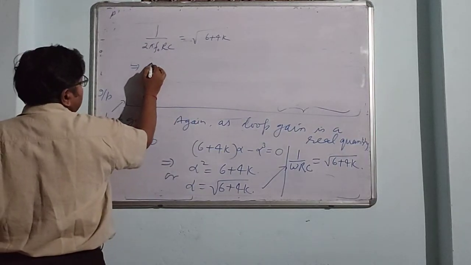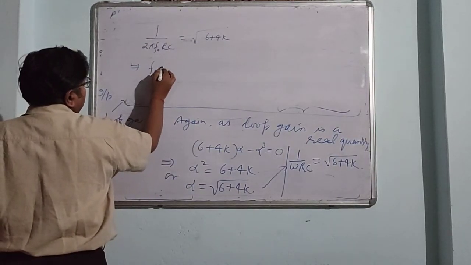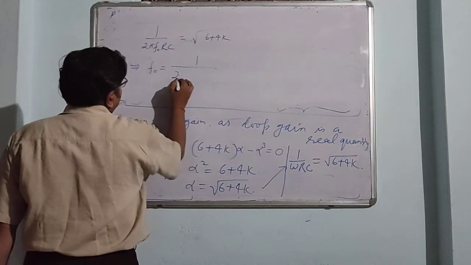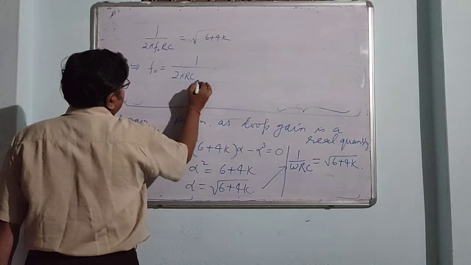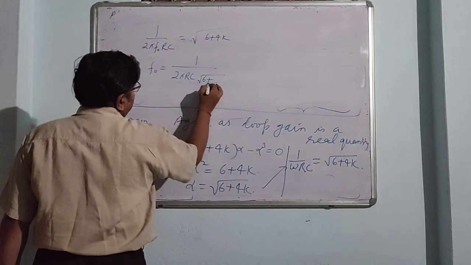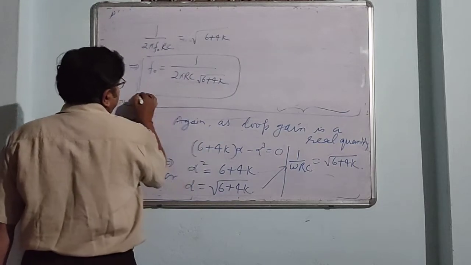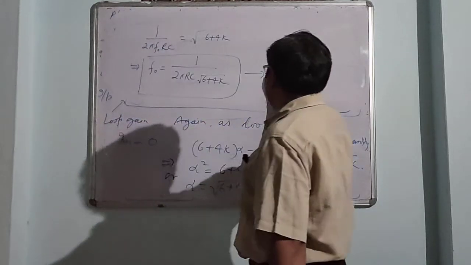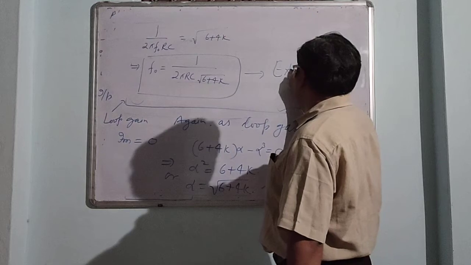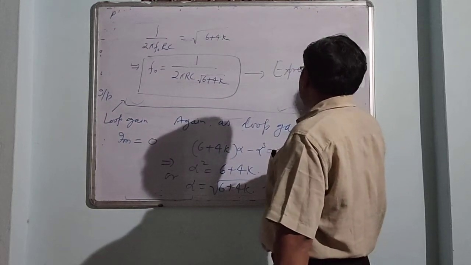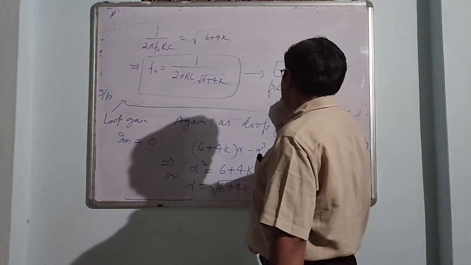This implies f naught equals 1 upon 2 pi RC under root 6 plus 4k. And this is the expression for frequency of oscillation.